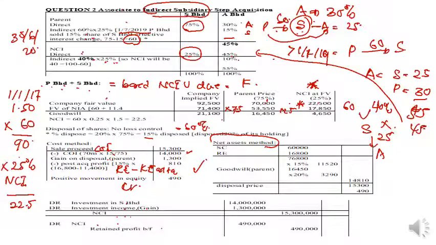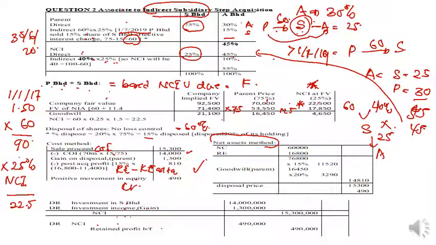The next one, we need to calculate the disposal here to find the movement in the equity, because when you dispose 15% here, you still have another 60%. So any change in the value of the NCI here is only the movement in the equity, because you still have control over that company. We want to calculate the positive movement, so we look at the shares that we dispose.